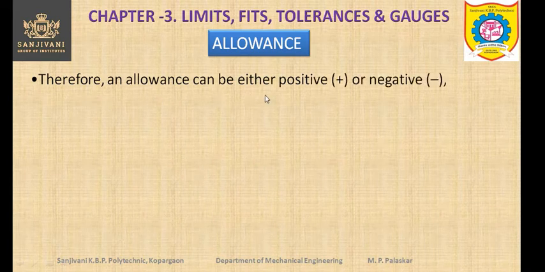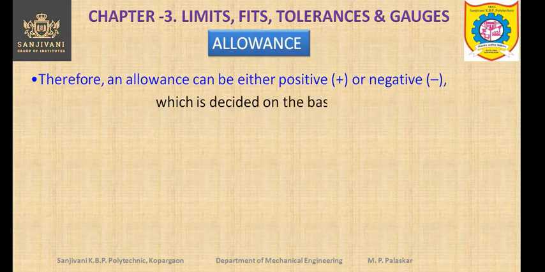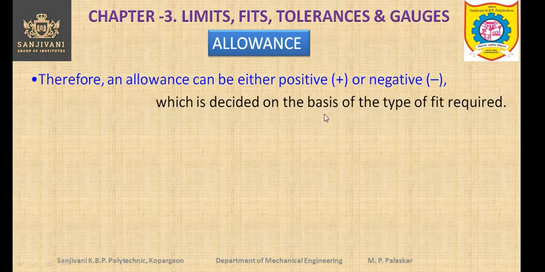Therefore an allowance can be either positive or negative. If the shaft size is greater than the hole size, then the allowance is negative. But if the hole size is larger than the shaft size, then the allowance is positive. Whether to keep the allowance positive or negative depends upon the type of fit required.